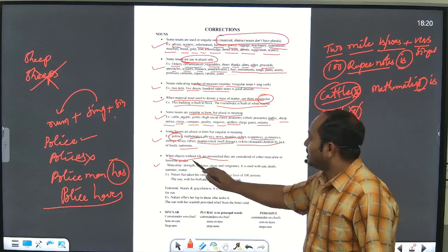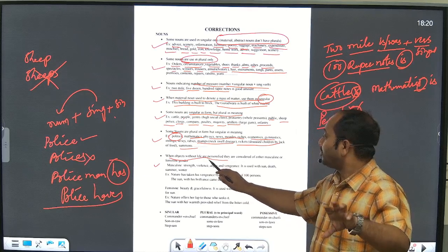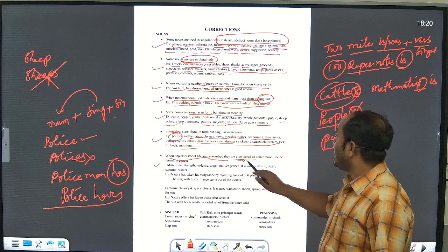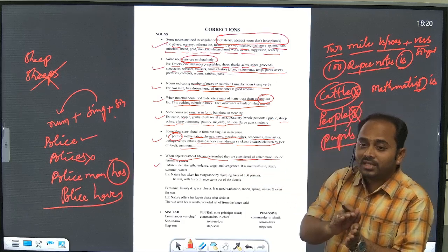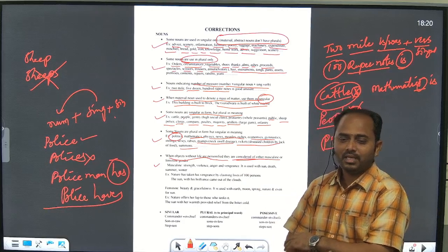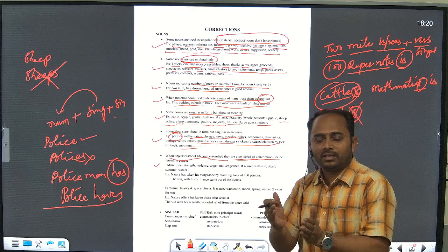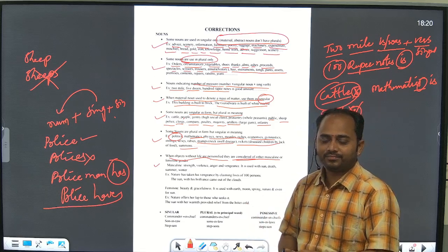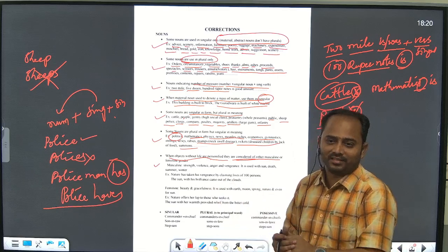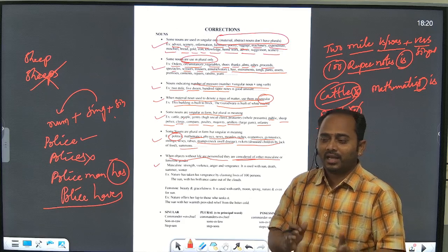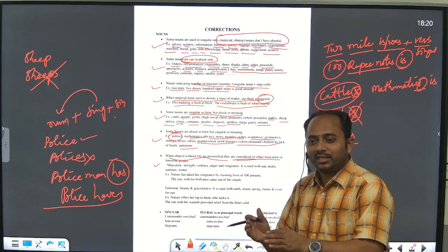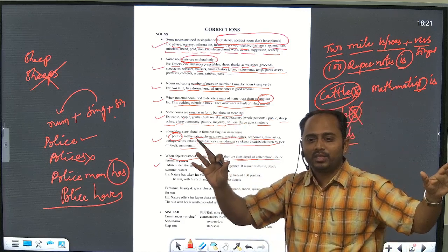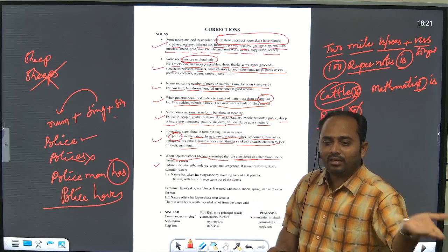So when things without life are personified, then they are considered masculine gender or feminine gender. Suppose sun, generally in our Telugu we use it as masculine gender, male gender, and moon, feminine gender, earth, feminine gender, and rivers, feminine gender, and seas, masculine gender. So nature is compared with some particular gender, either masculine or feminine.